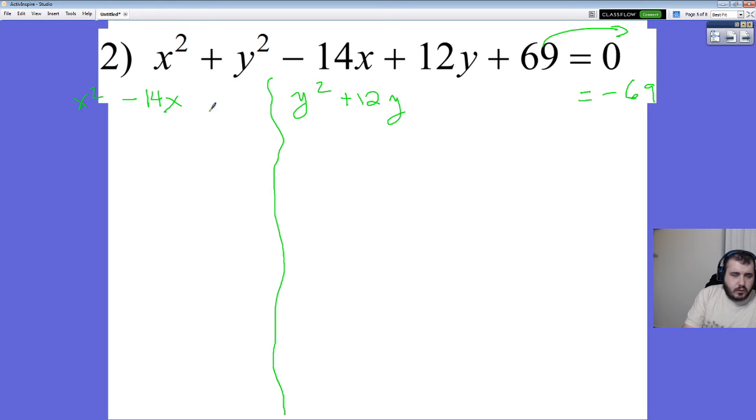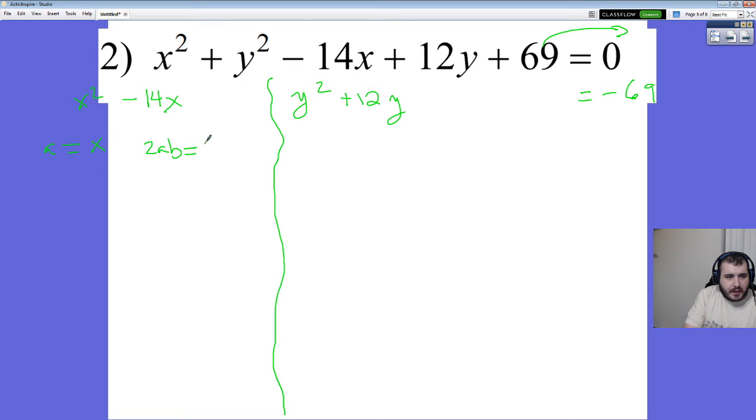And we're just going to do it. So you got x squared minus 14x. And so our a is going to be x. Hopefully that's pretty clear. A is usually going to be x when the coefficient here is 1.